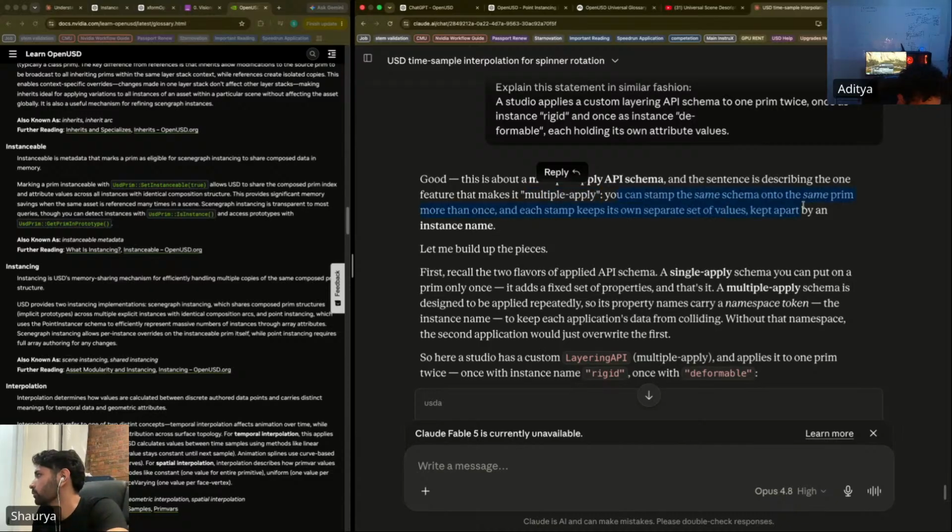You can stamp the same schema onto the same prim more than once.